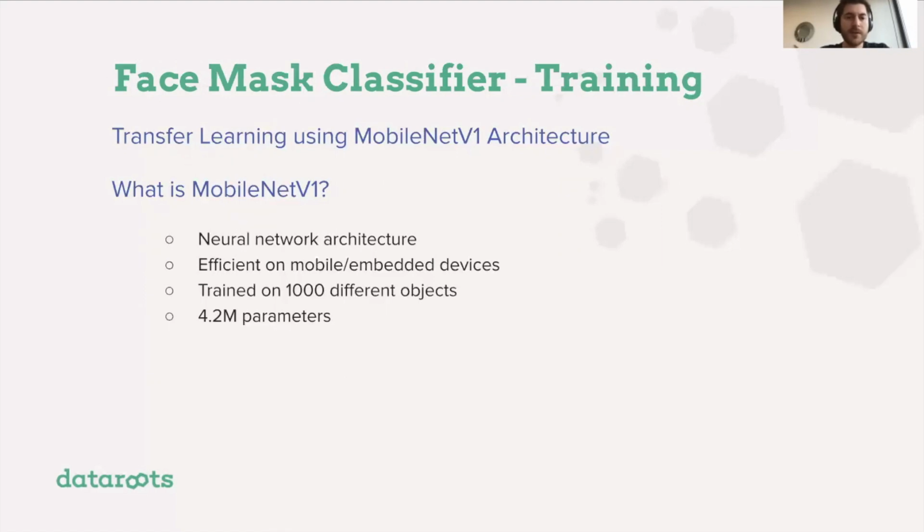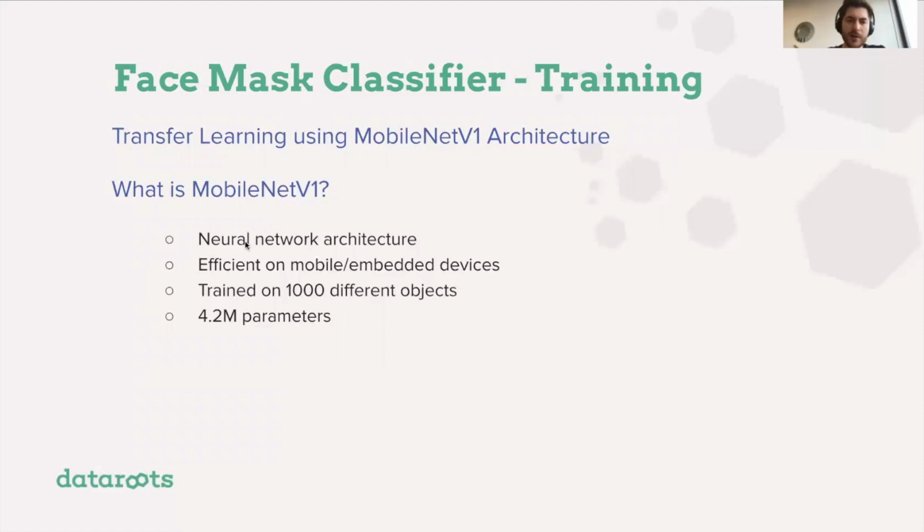I'll explain what transfer learning is in the next slides, but briefly, in transfer learning, there is a pre-trained algorithm, and from that pre-trained algorithm, you transfer the learned weights into your specific algorithm. In this case, our specific algorithm is the mask or not mask classifier, and the pre-trained algorithm is the MobileNet V1 architecture.